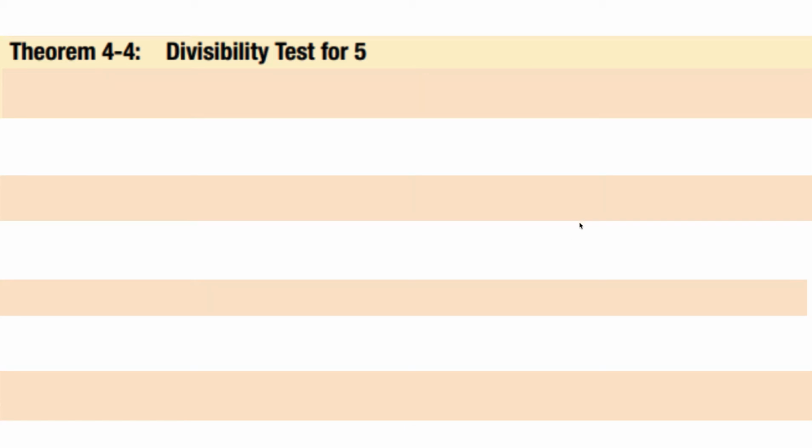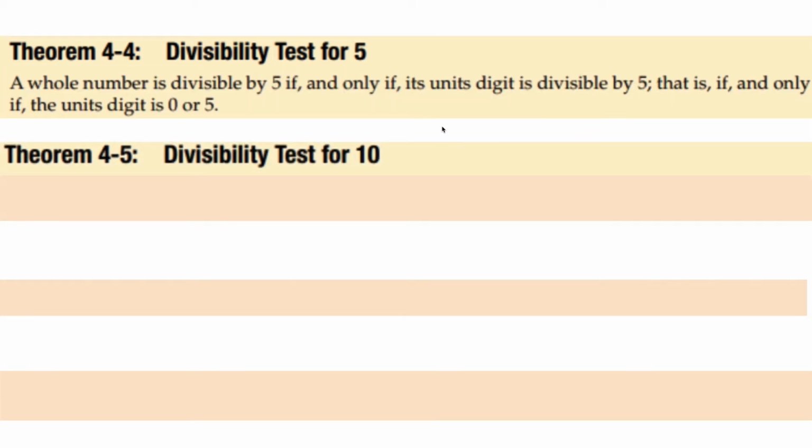Alright, we have a little more to go. Let's think about the divisibility test for 5. You already know, right? If the last digit is 0 or 5, it is divisible by 5. Like 5, 10, 15, 20, 25, 30, all of these numbers are divisible by 5 and they end with 0 or 5. How about the divisibility test for 10?